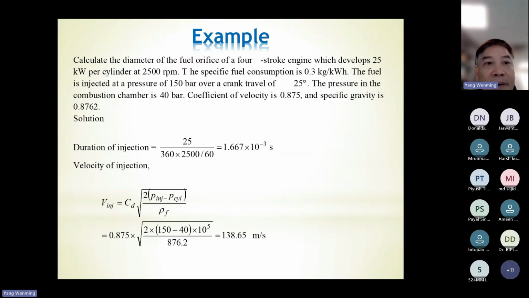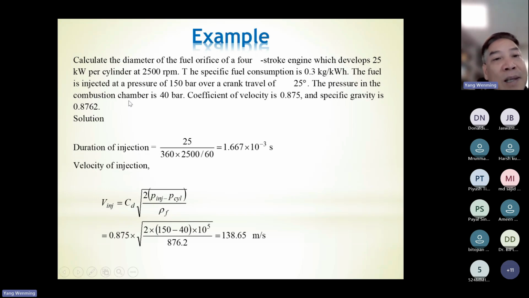Okay, great. So we are going to introduce an example and we can close this tutorial. Calculate the diameter of the fuel orifice of a diesel engine, which develops 25 kilowatts per cylinder at 2,500 RPM. The specific fuel consumption is 0.3 kg per kilowatt hour.